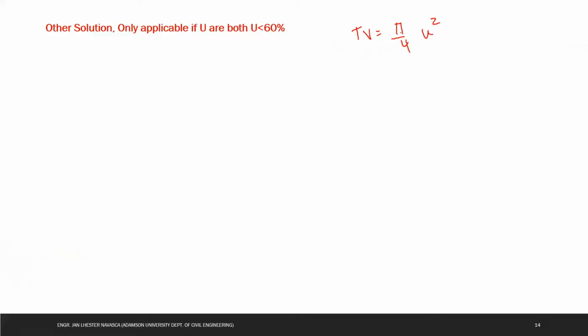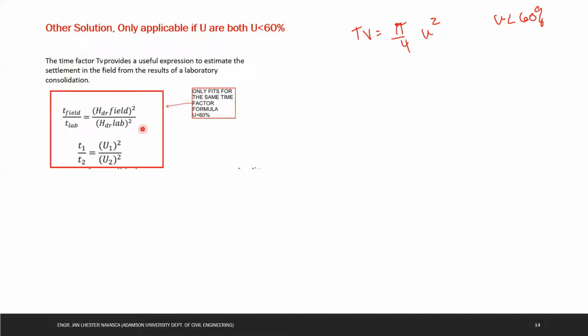That is the time factor for U less than 60% degree of consolidation. All other values are constant, and what you have left is the varying variable U. That is why this equation only fits for a time factor that is less than 60%.